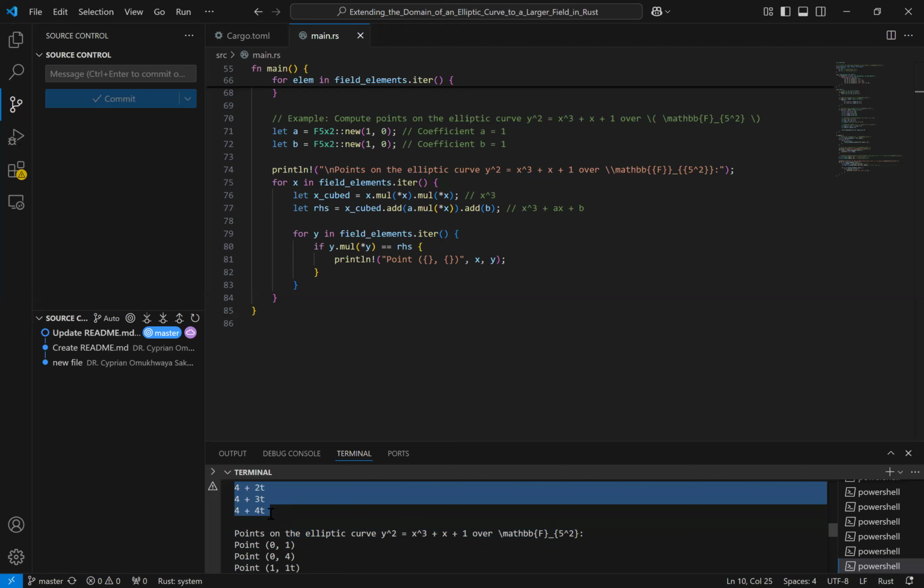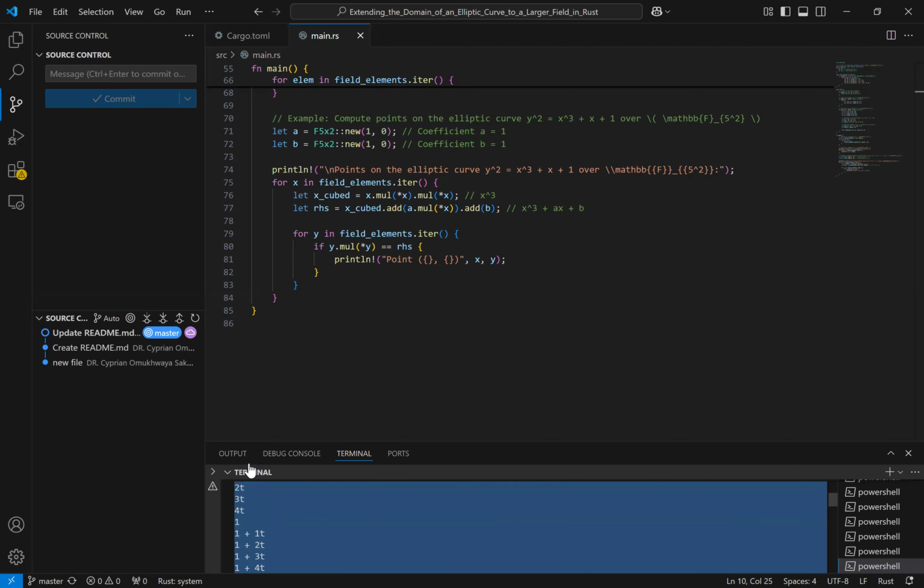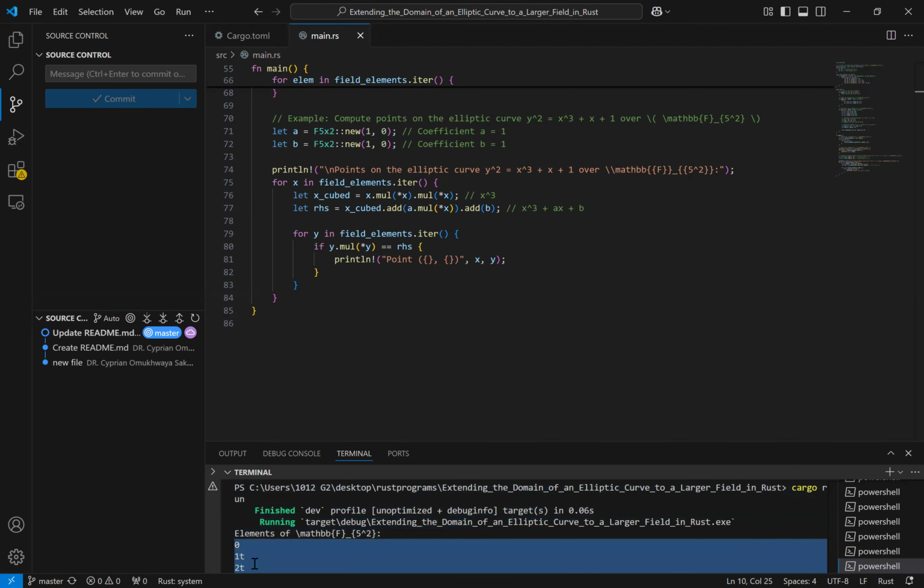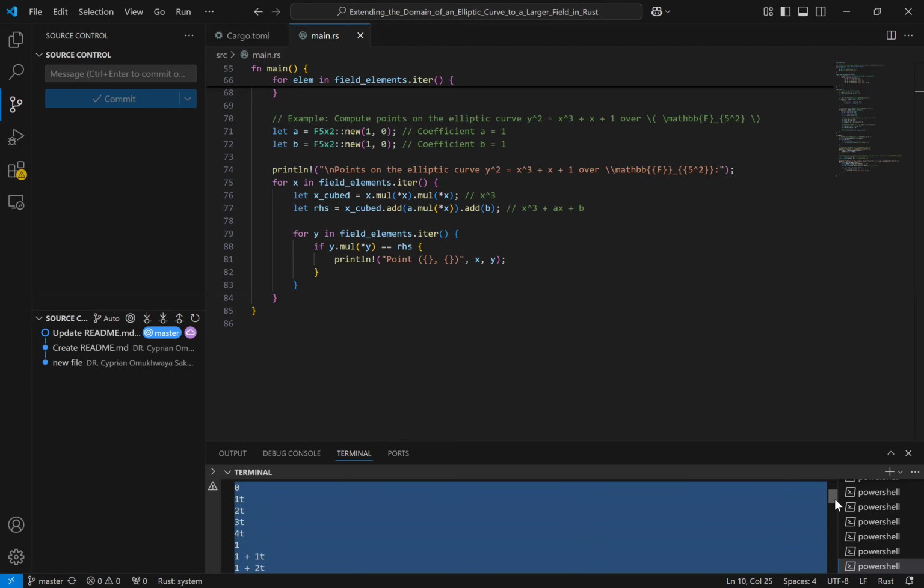Remember, I had said that if you have mod 5, you'd have 0, 1, 2, 3, 4 crossed by 0, 1, 2, 3, 4 to give you 25 points. But if you have mod 25, then you have these 25 elements, 0, 1t, 2t, and so on, which you will then be crossing.